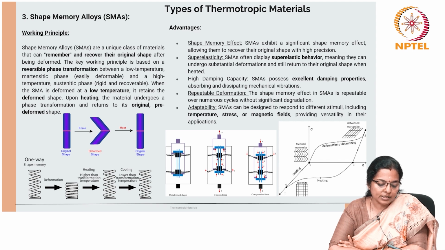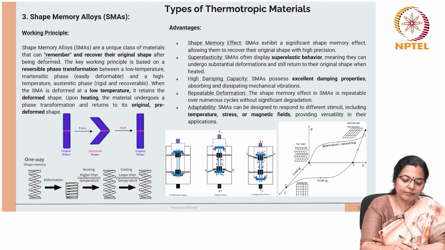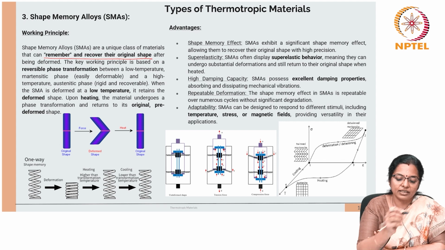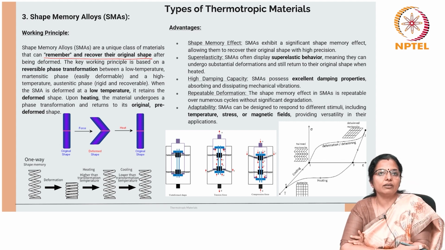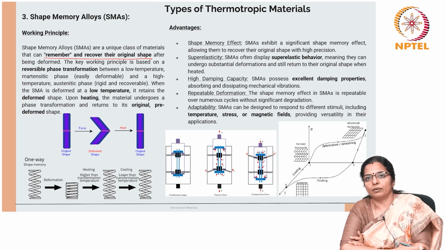Shape memory alloys or SMAs are a unique class of materials that can remember and recover their original shape after being deformed. The key working principle is based on the reversible phase transformation between a low temperature martensitic phase, an easily deformable phase, and a high temperature austenitic phase, which is rigid and recoverable.